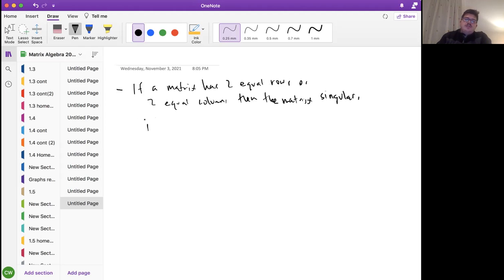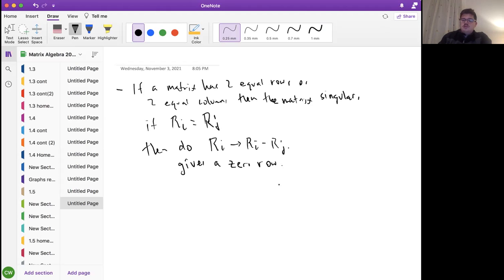Yeah, so let's say if row I is equal to row J, what row op would you use? A type 3, and the type 3 might be row I to row I minus row J, and this gives a 0 row. Okay, cool. So that's clear, right?